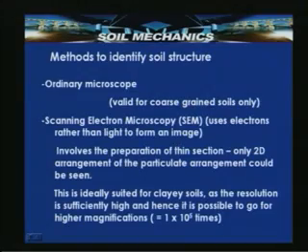So, this is ideally suited for clay soils as the resolution is sufficiently high, and hence it is possible to go for higher magnification. One can go up to 10 to the power of 5 magnification. So, scanning electron microscopy is used for obtaining the 2D arrangement of the clay soils.